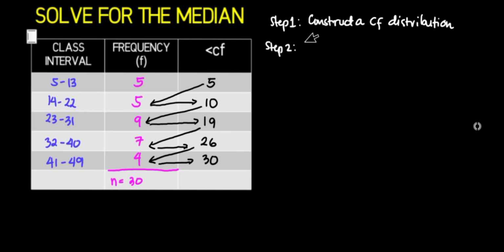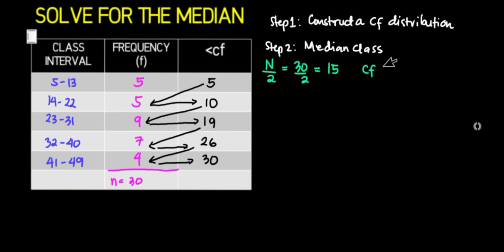Step 2 naman is for the median class. To find the median class, ganito po gagawin natin. N over 2. Ang n po ay 30 divided by 2. So, 30 divided by 2 is 15.